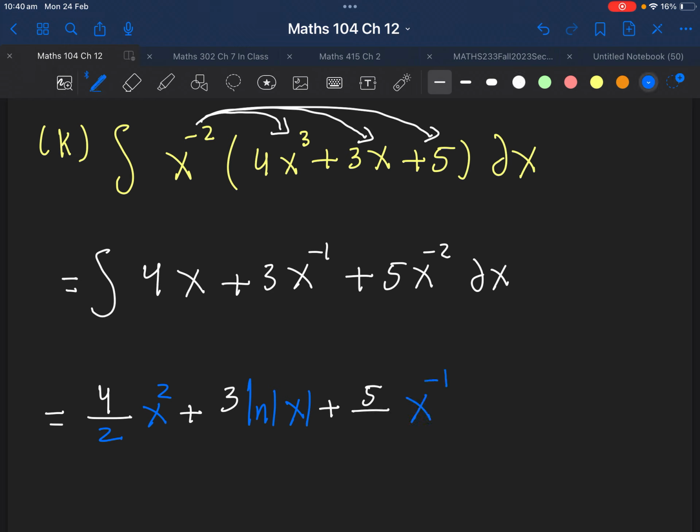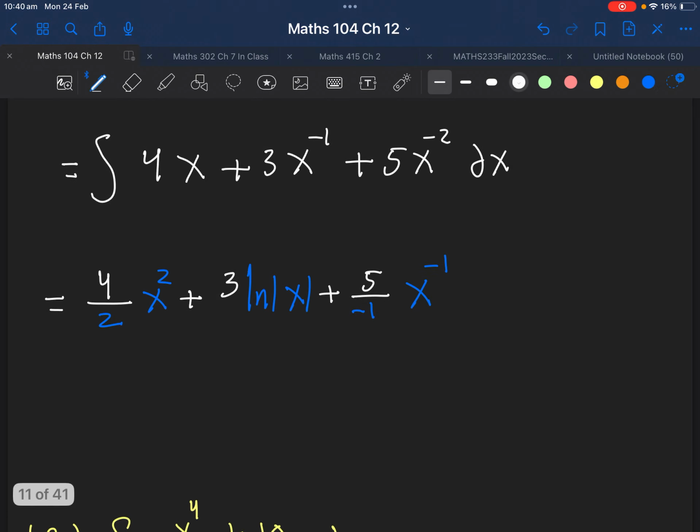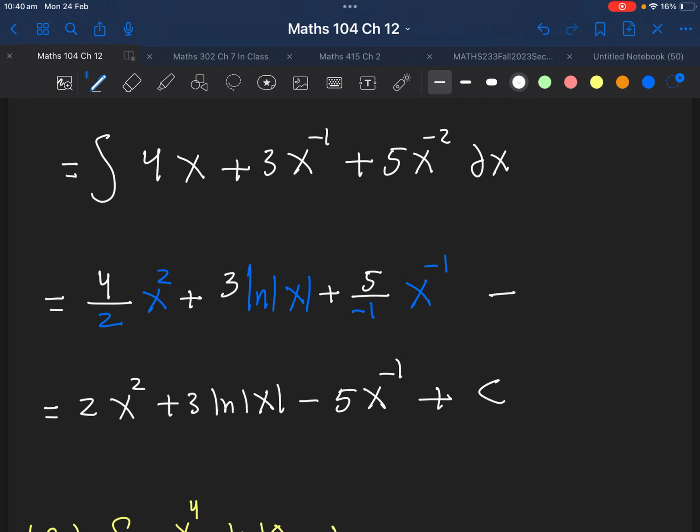If you add 1, you get negative 1, and then you divide by negative 1, so you get this one. So the final answer after simplification will be 2x squared plus 3 ln absolute value of x minus 5x to the negative 1. Of course, plus a constant c, we can write it only at the last step.